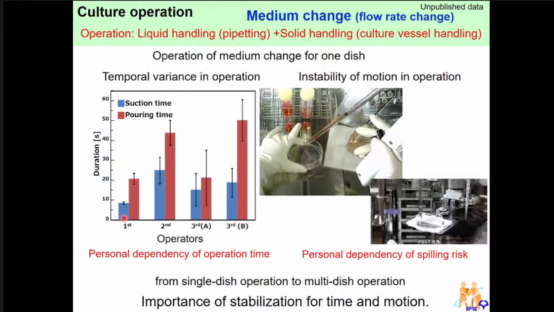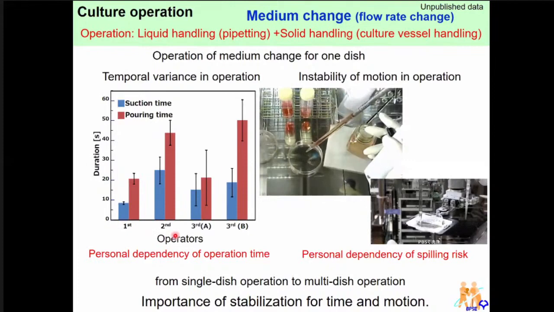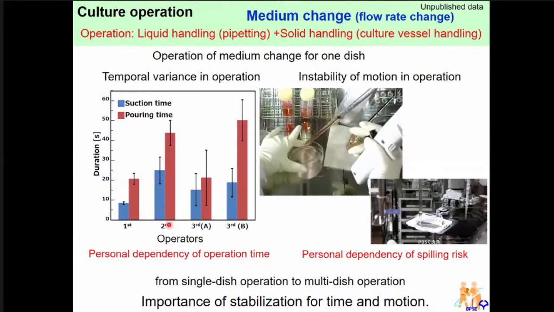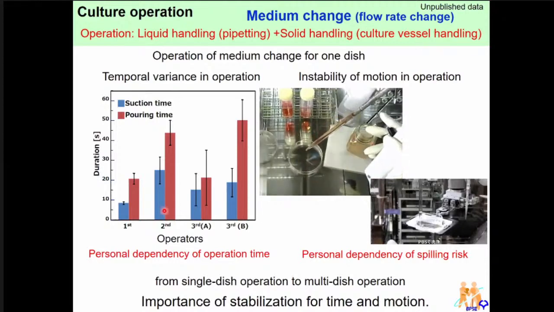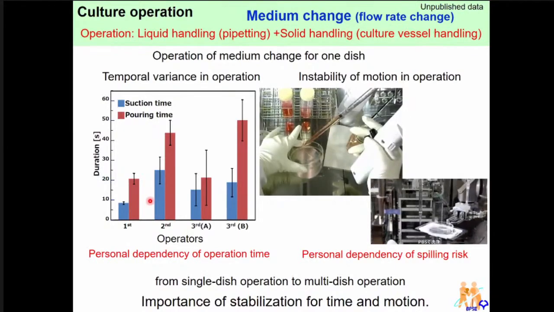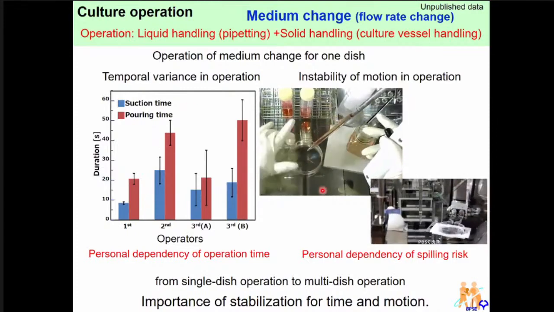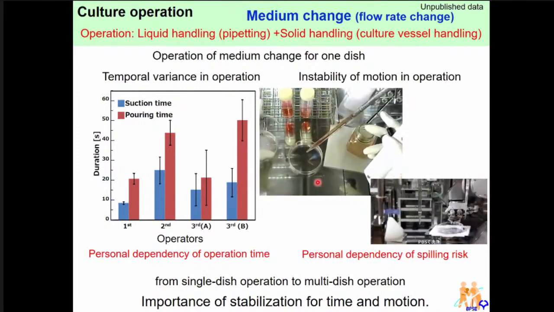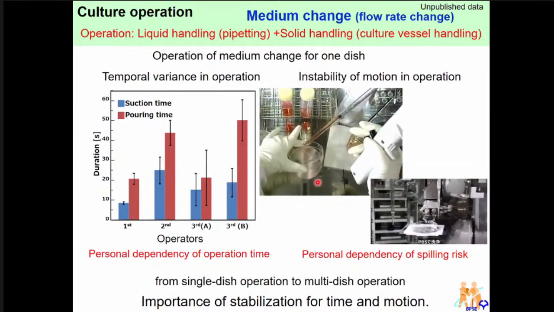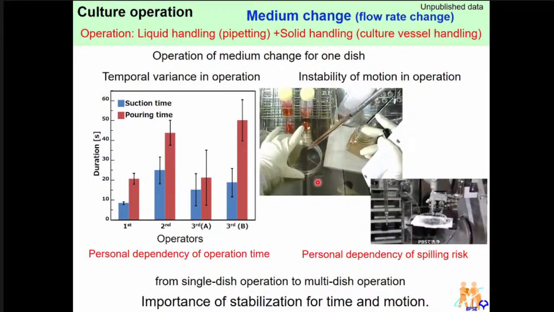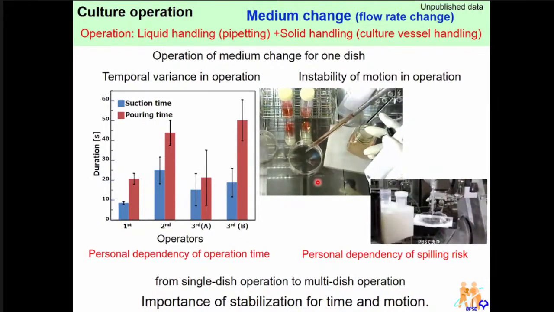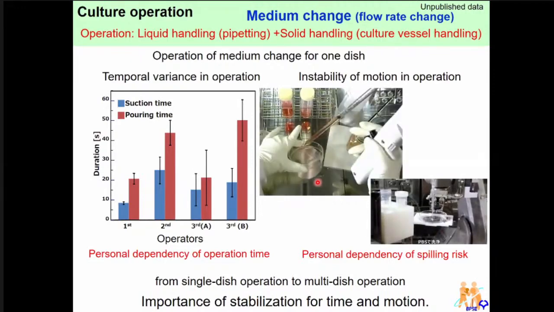If we mention it to the second generation operator, this guy does it slowly. So we get a different time for one operation. Please guess, we have many dishes during practical production, such as 50 or more. So the total operation time is quite different.